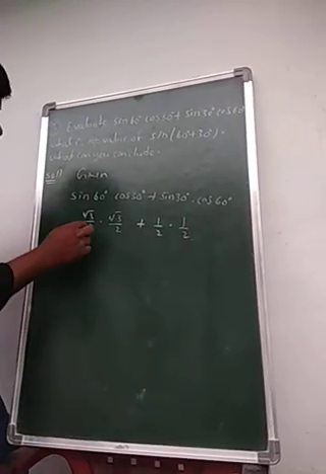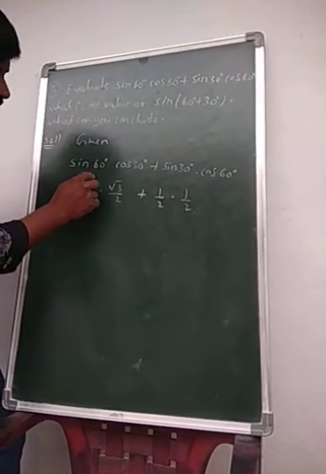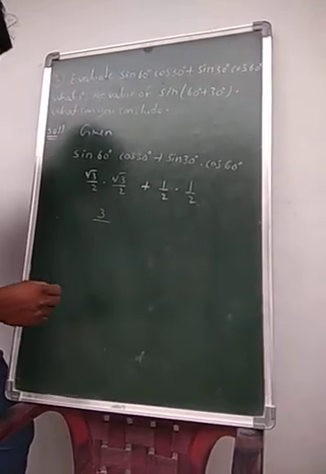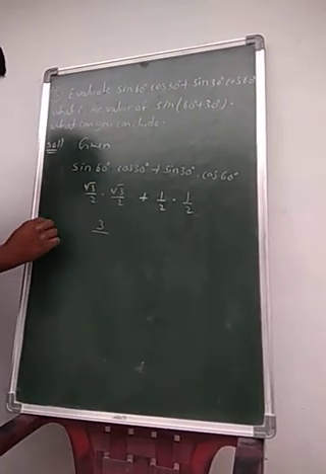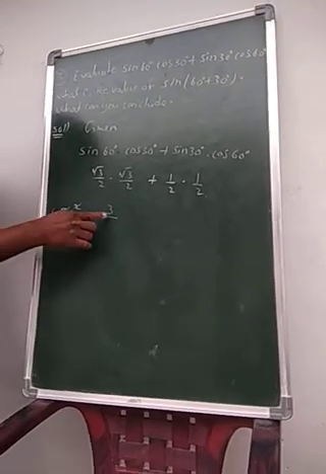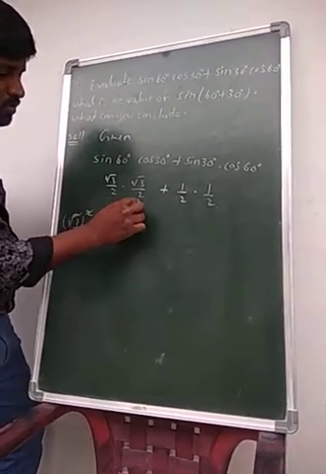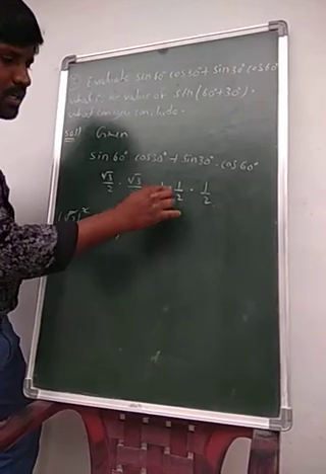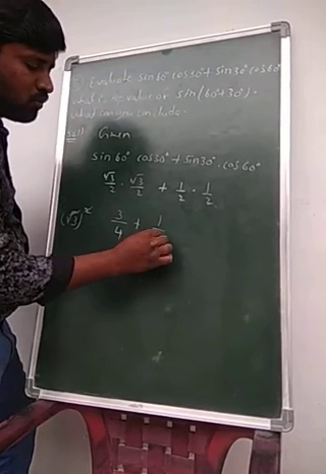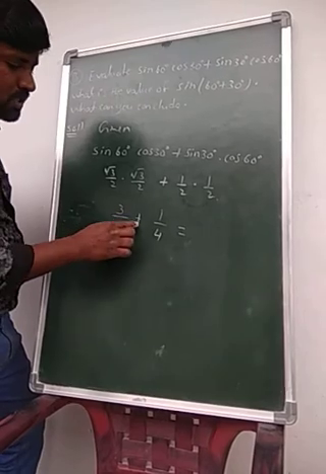Now multiplying root 3 by 2 into root 3 by 2. So clearly numerator into numerator, root 3 into root 3, that is 3, because root 3 into root 3 is root 3 whole square. Then the square root cancels, simply 3. Next denominator into denominator, 2 twos are 4, plus again here 1 ones are 1 by 2 twos are 4. So clearly we get 3 by 4 plus 1 by 4.